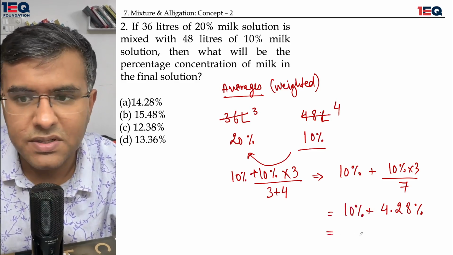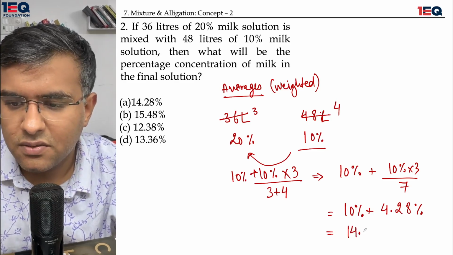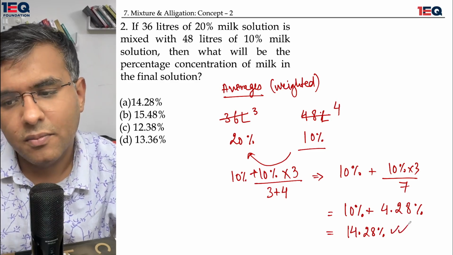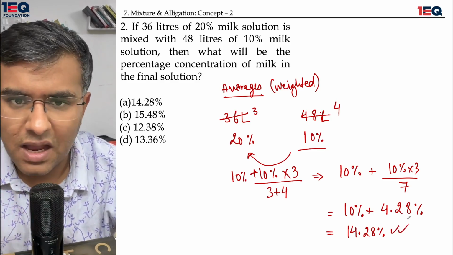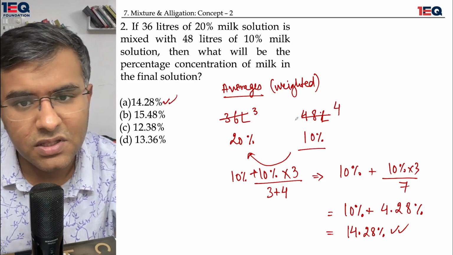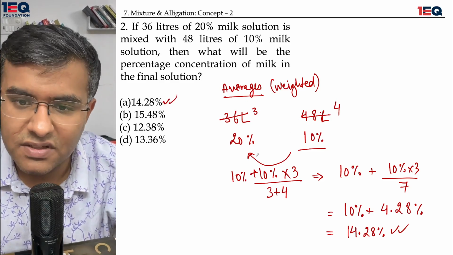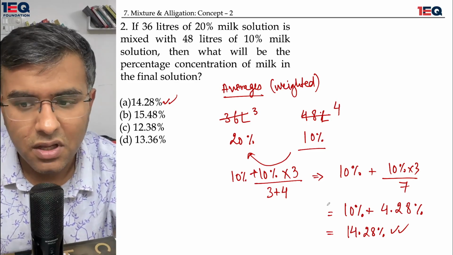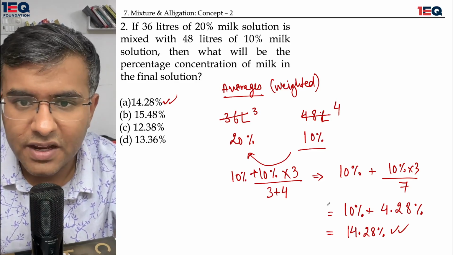This makes it 14.28% as my answer. This was a concept based on weighted averages. That is why this solution or this way was followed. Moving to the next question.